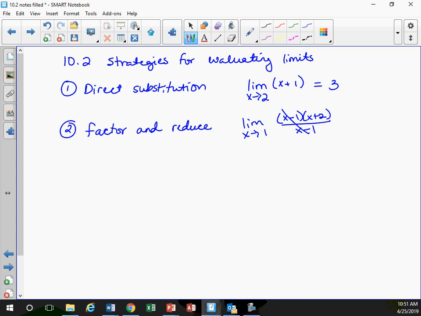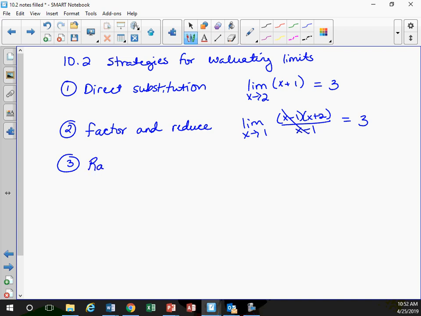So you reduce, and then that's 3. Plug the 1 in. So after I've reduced, then I can plug in what x is approaching. Yeah. Okay. Questions? Oh, okay. You're good with this.